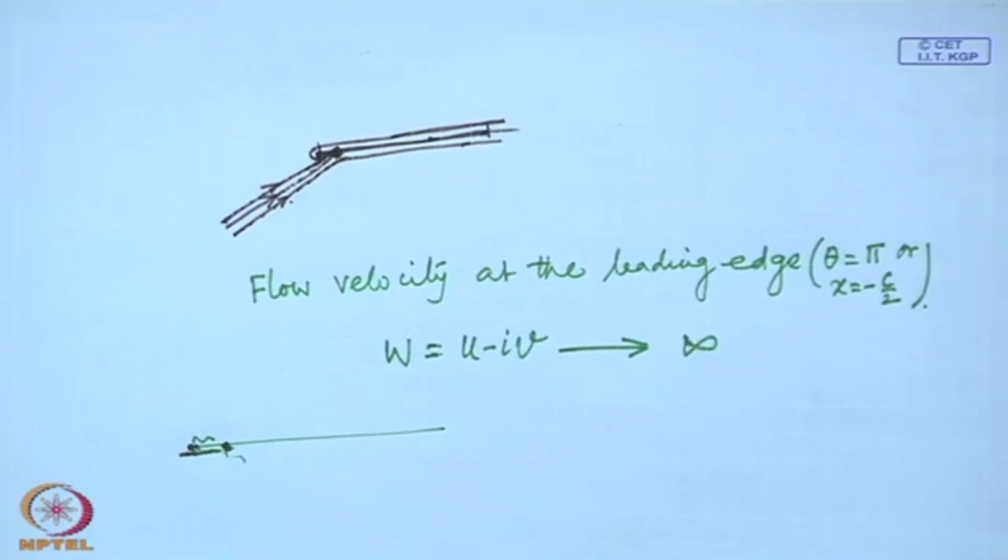Consequently, as the velocity increases, pressure decreases. So, when the flow velocity increases tremendously, we can say the pressure has decreased tremendously or infinitely, minus infinity, and we are calling it suction.